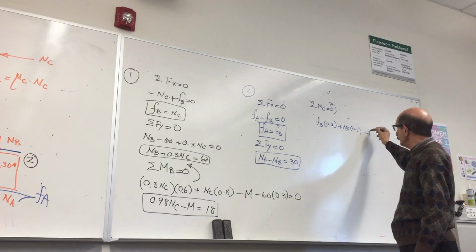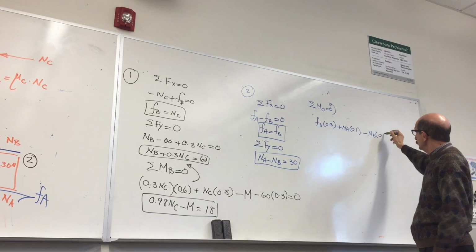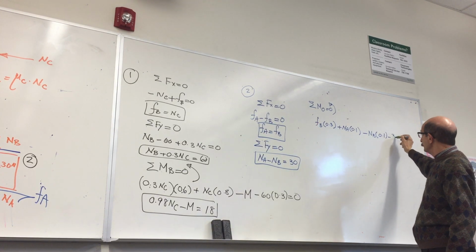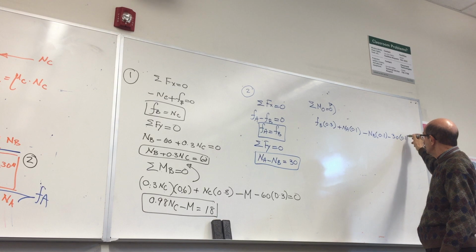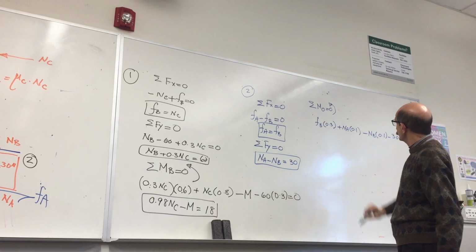So I have negative NB times 0.1, negative 30 times 0.1 is equal to 0. So this can also be simplified.